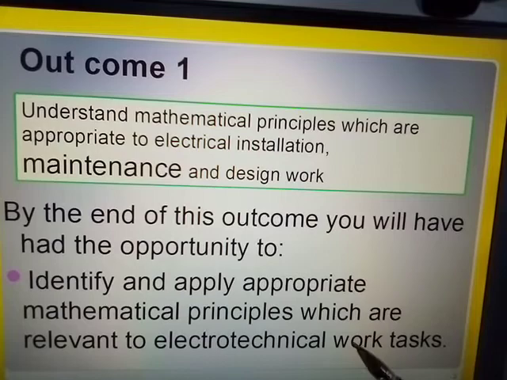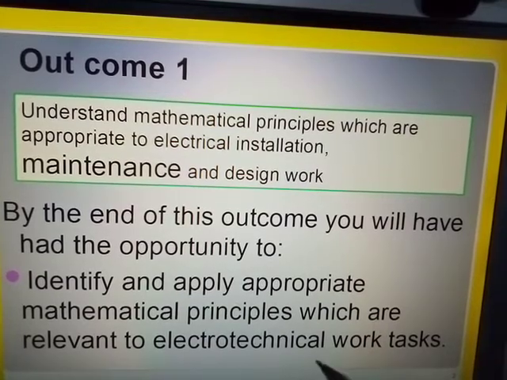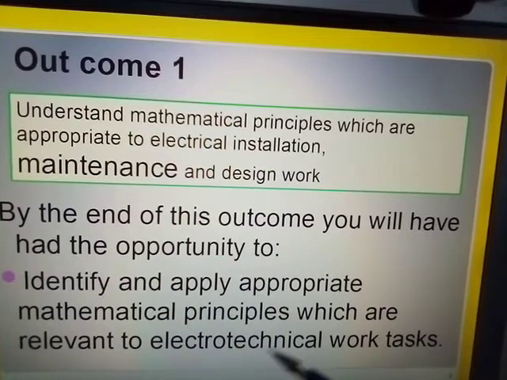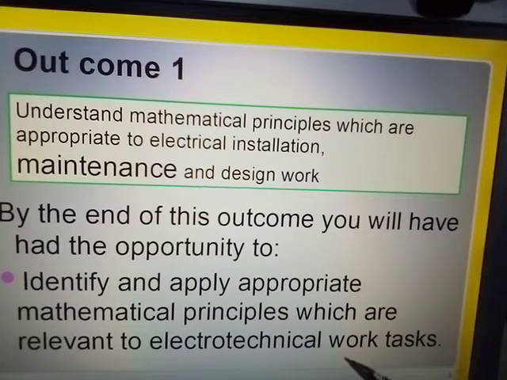By the end of this outcome, you will have had the opportunity to identify and apply appropriate mathematical principles which are relevant to electrical technical work tasks.